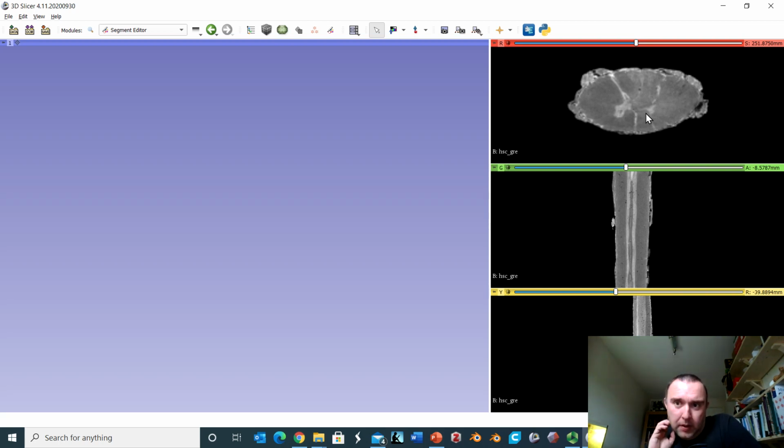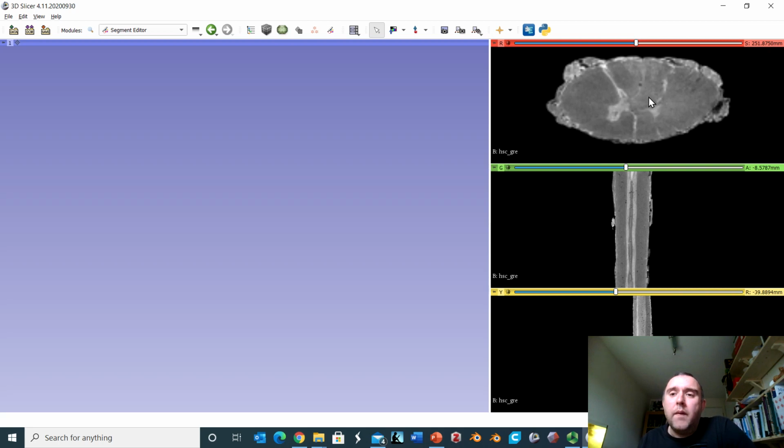Now, it wasn't only this kind of imaging which was done in this study. What they also did was they did diffusion imaging as well, looking at the trajectories of the axons within the spinal cord. And so what we might be able to do is to see some clues, some evidence of damage, if we look at the trajectory of the axons at this region.